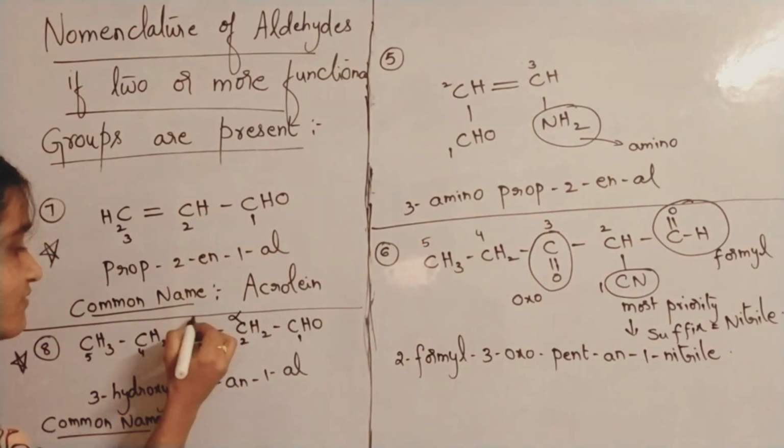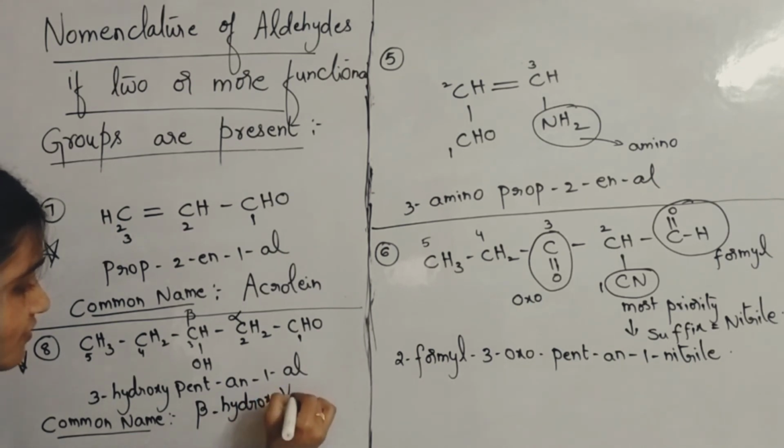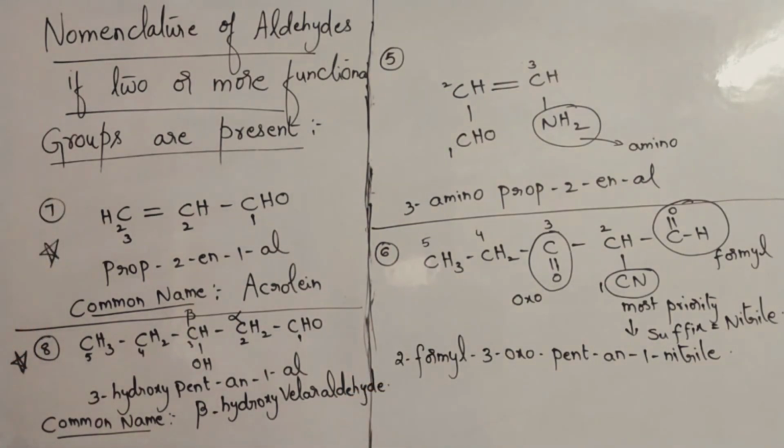The next one will be your beta carbon. So you can write even this as beta-hydroxy valeraldehyde. Very important question this is. Please note down: beta-hydroxy valeraldehyde is the name of this compound.